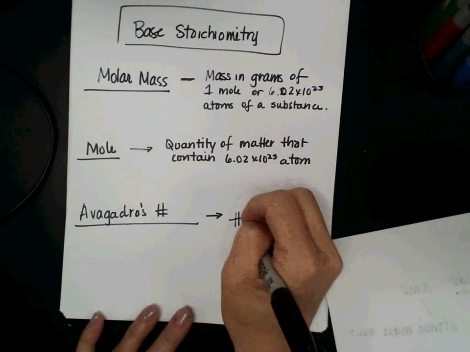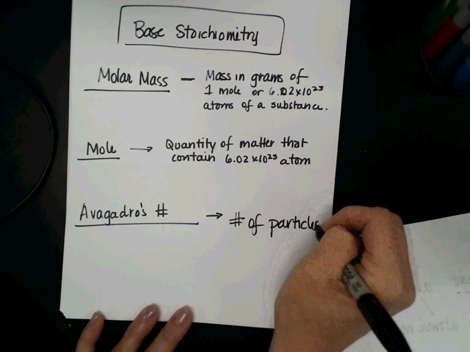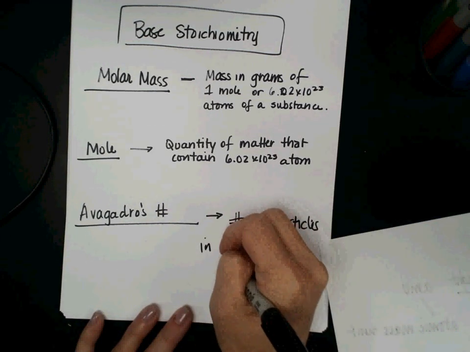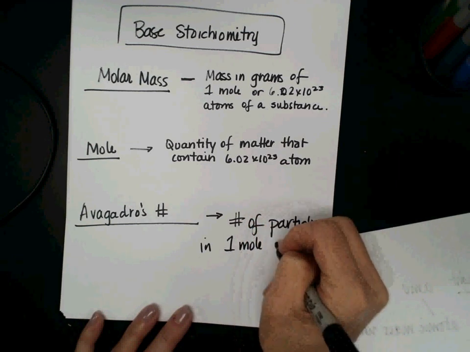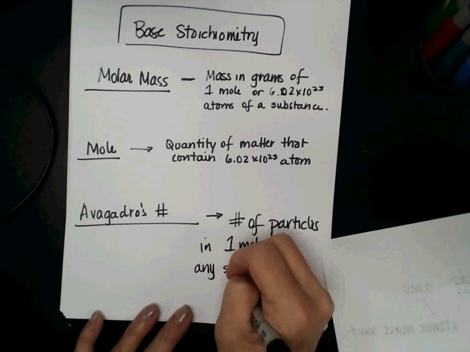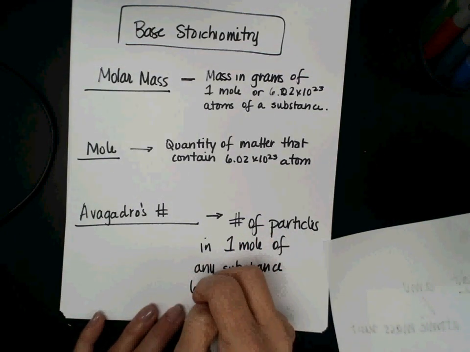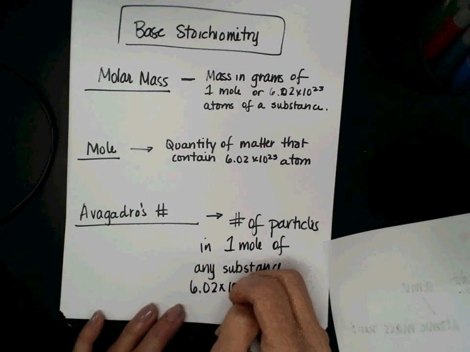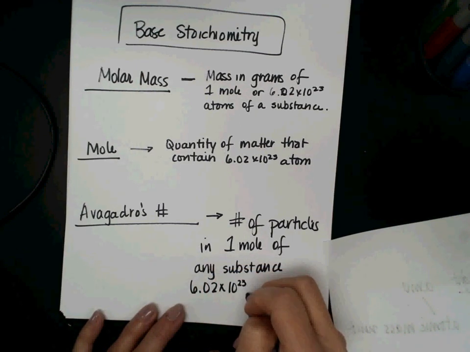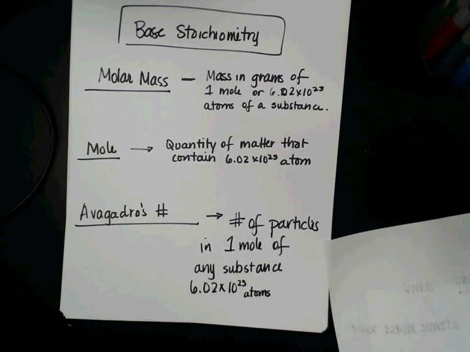It is the number of particles in 1 mole of any substance. And that number we know is 6.02 times 10 to the 23rd atoms or particles. When we have a compound, we tend to say particles. Okay, kind of ring a bell?